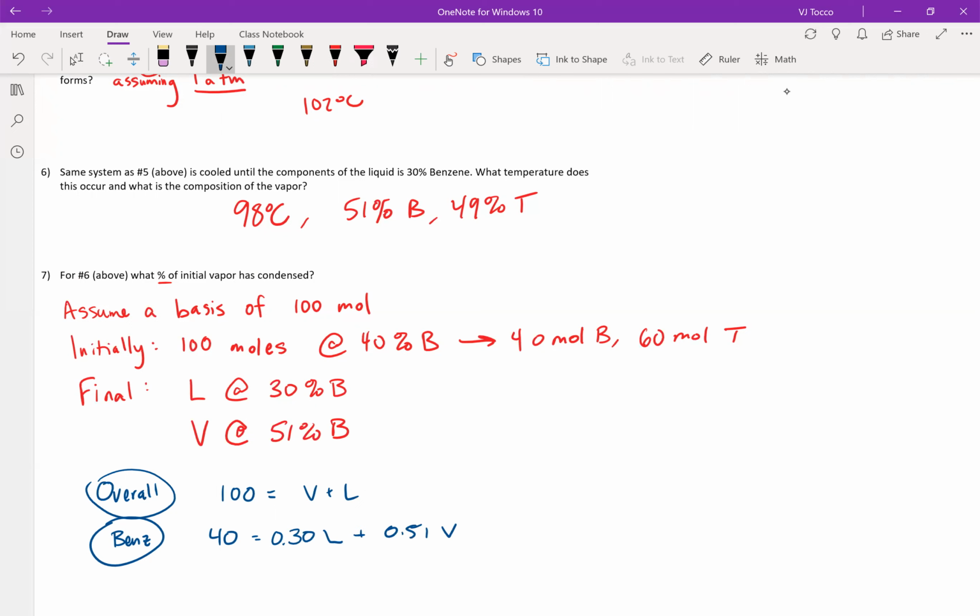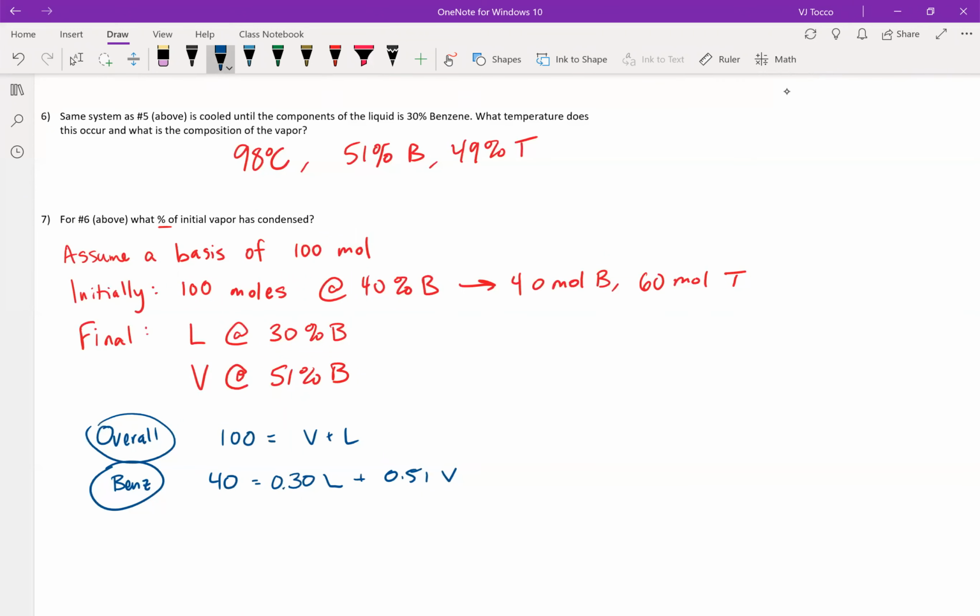So I would probably substitute in for L, which looks to be easiest.